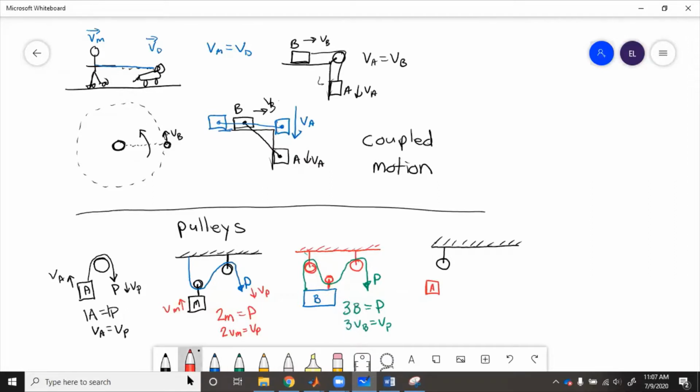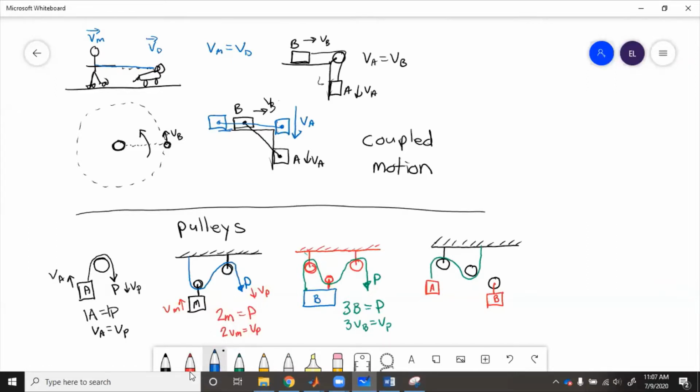And then let's say there are a couple other pulleys, and then block B is hanging from this pulley. And here's a rope connecting. So let's say the rope for A starts here, goes under this pulley, over this pulley, connected to A.